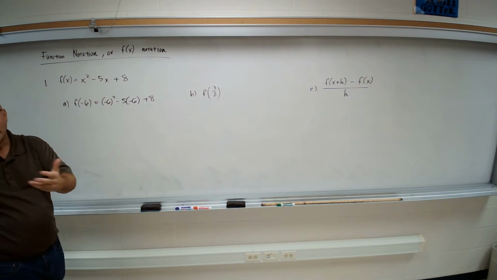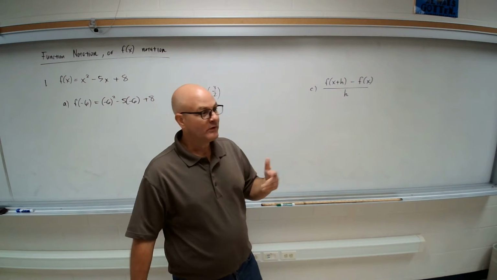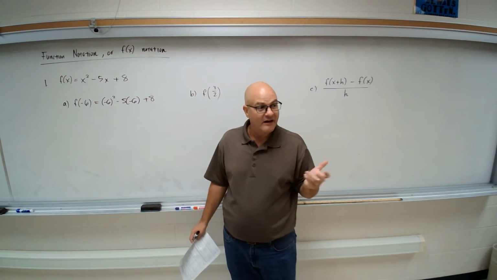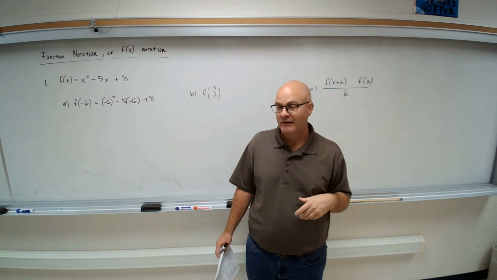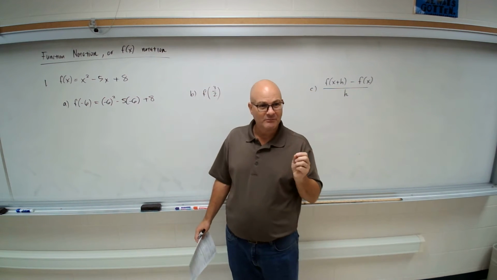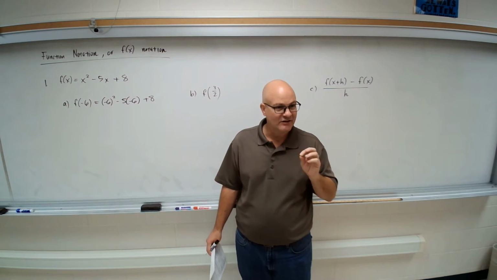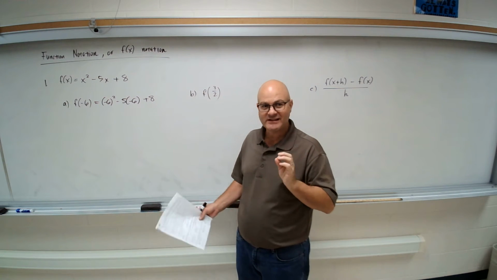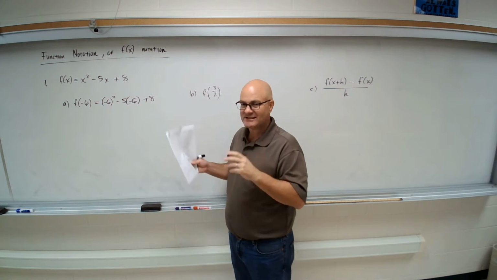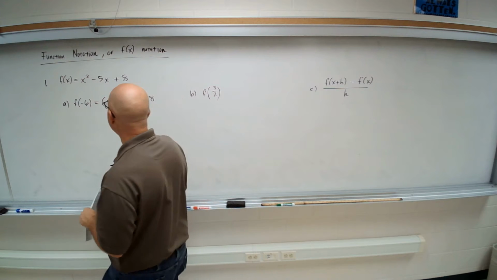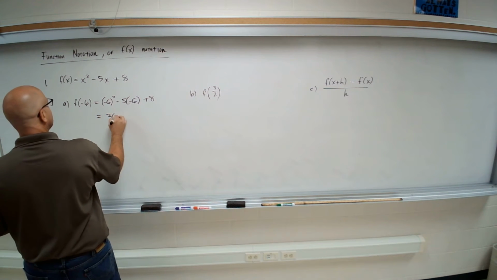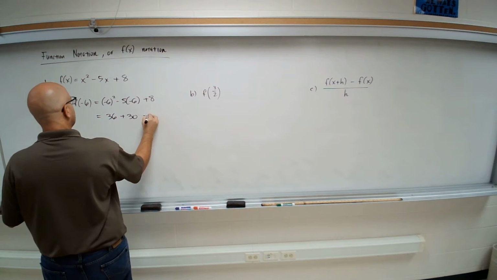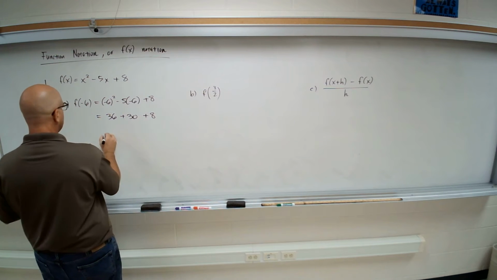Okay, if you're really good at order of operations, you probably don't need to. But if you're not, the parentheses will save you a lot of just kind of those little annoying mistakes that you make and you miss a point out of 5, because you did something that you really knew better, but it slipped by you. Okay, so here, we're going to get 36 plus 30 plus 8.